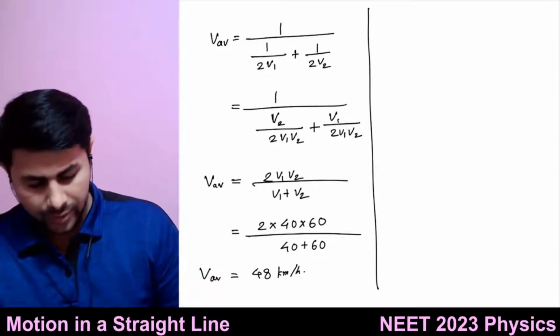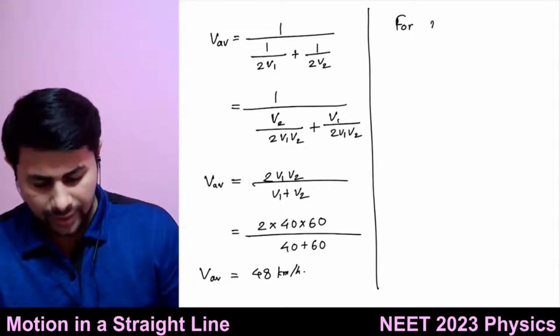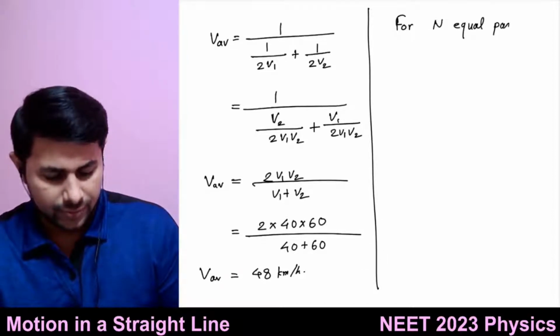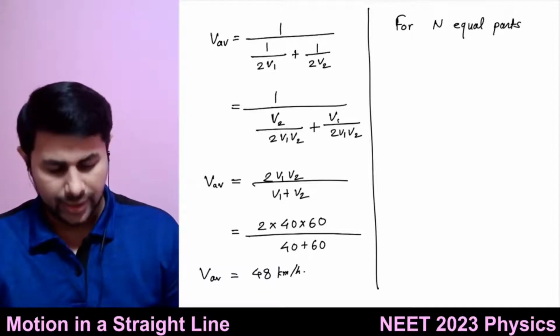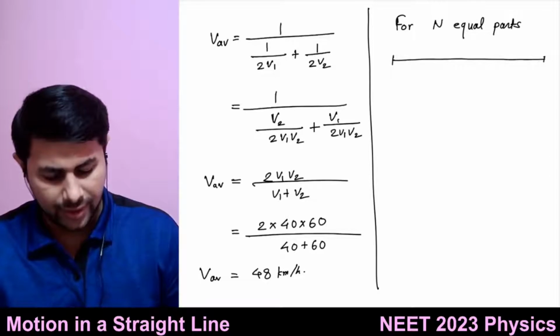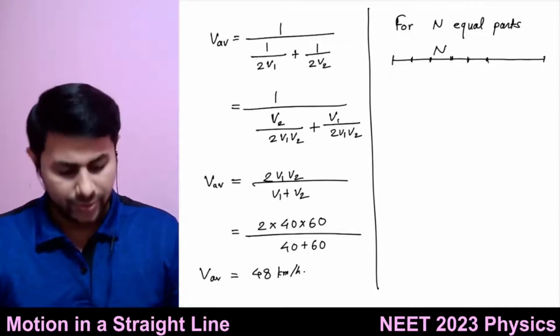So for n equal parts, that means the total distance is divided into n parts, 1 2 3 4 5 6, n parts. What will you do?